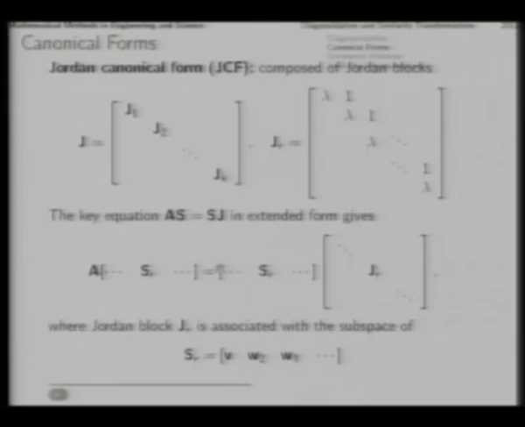Because if on this side we look for the rth block of columns, then we will have S1 multiplied with a 0 block plus S2 multiplied with another 0 block, and so on till we reach here, where we get S_R multiplied with this non-zero J_R block plus again S_(R+1) into a 0 block, and so on. So, the non-zero component will be only S_R J_R. So, A S_R will be S_R J_R.